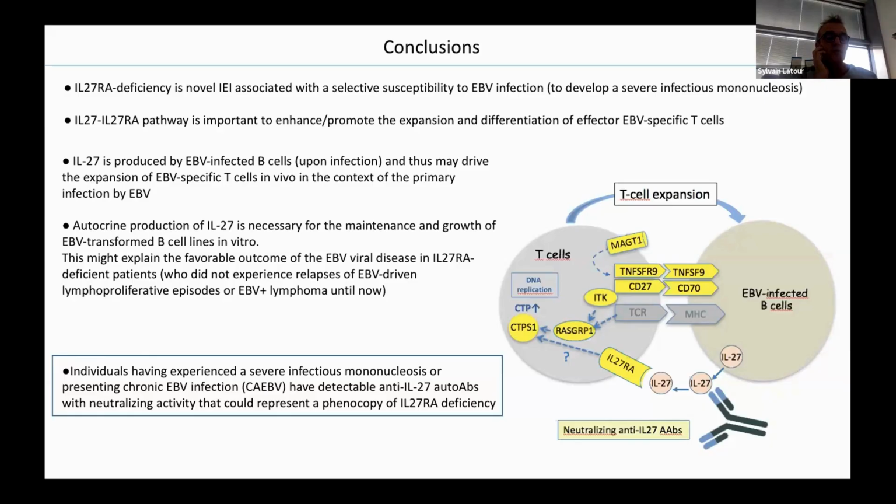And finally, we show that individuals who experienced severe infectious mononucleosis or present chronic EBV infection have detectable anti-IL-27 autoantibodies with a neutralizing activity. And these autoantibodies could represent a phenocopy of the IL-27 deficiency.